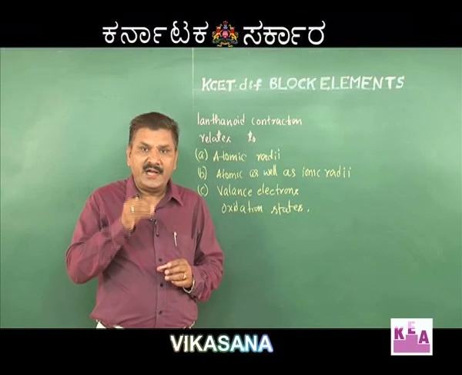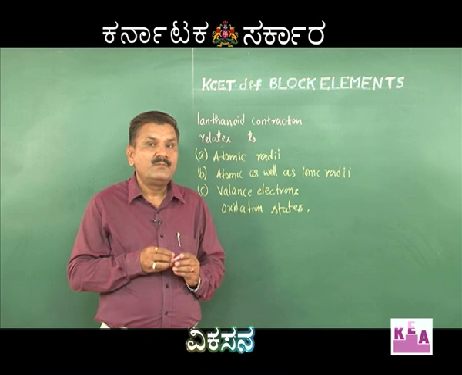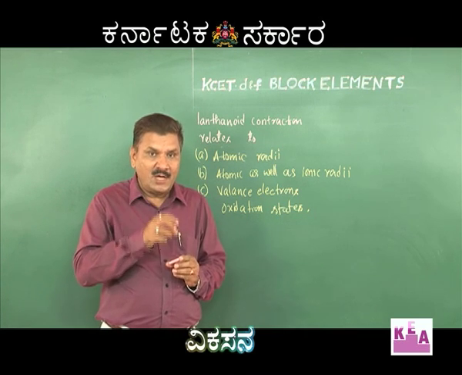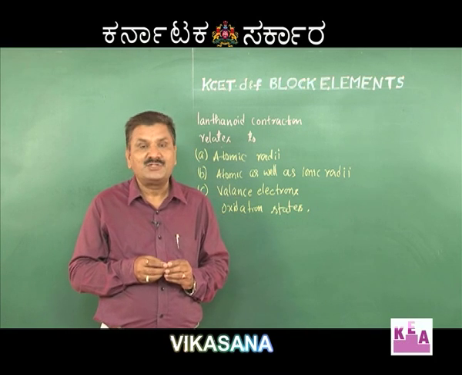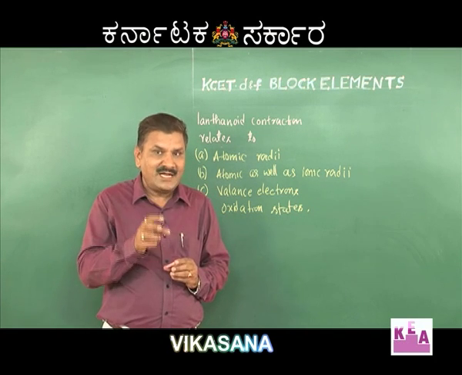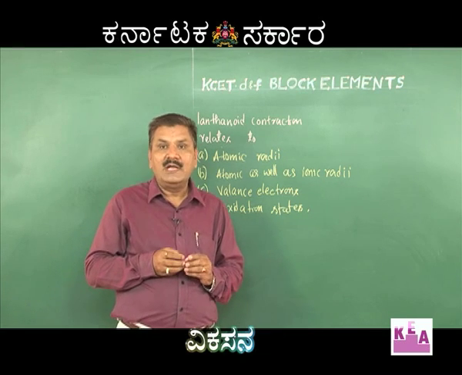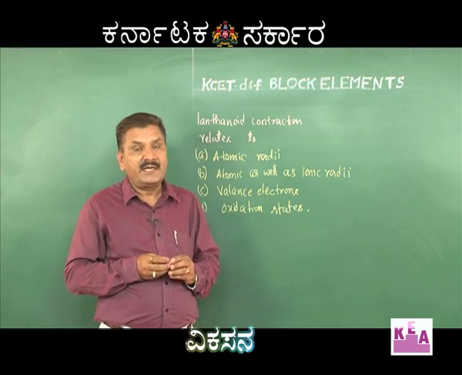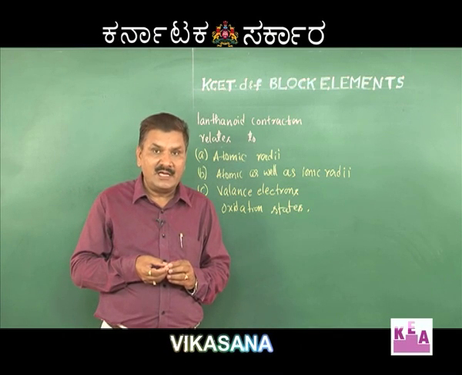This lanthanoid or actinoid contraction is due to imperfect shielding of f orbital and also its complex structure. So the complex structure and imperfect shielding of f orbital is leading to lanthanide contraction and actinoid contraction, which is related to atomic and ionic radius.